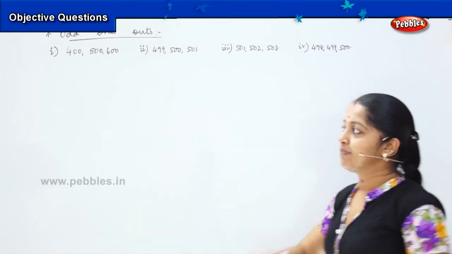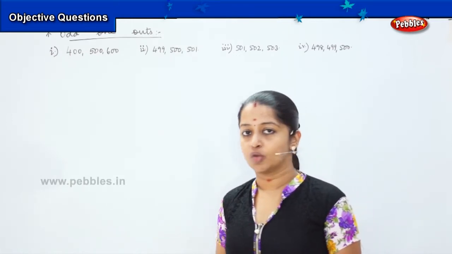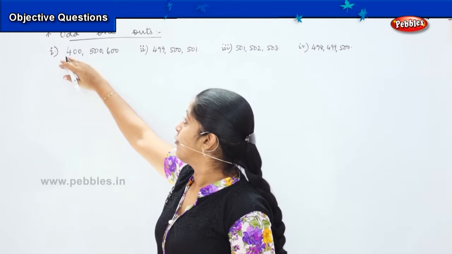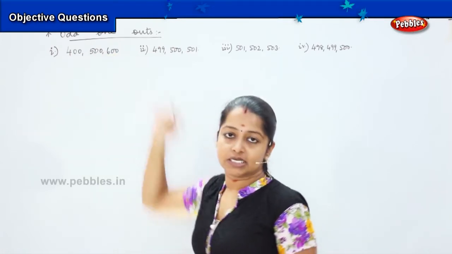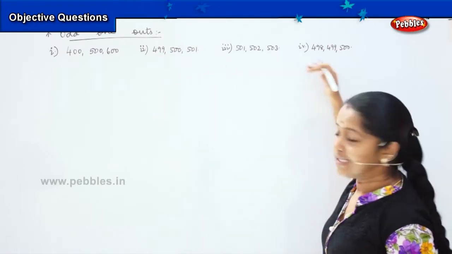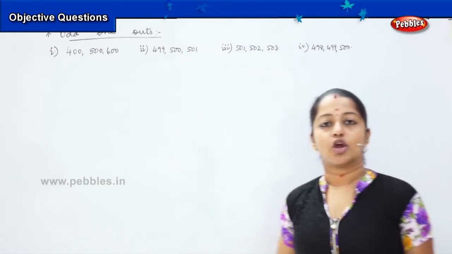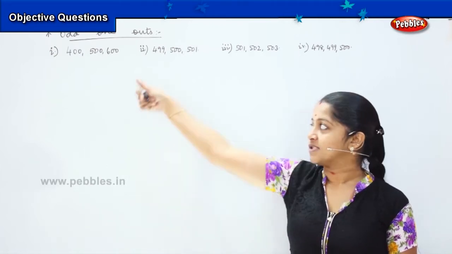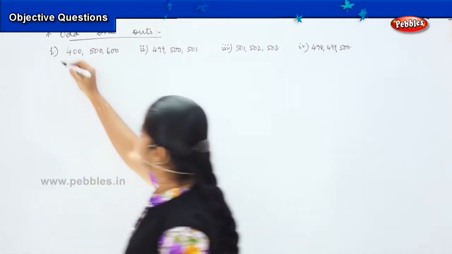But do you see the same thing with the first option? No. Here it is given the multiples of hundreds, which are 400, 500 and 600. So that particular option is not matching with these sequences. So which will be my odd one out? It will be option 1, right?